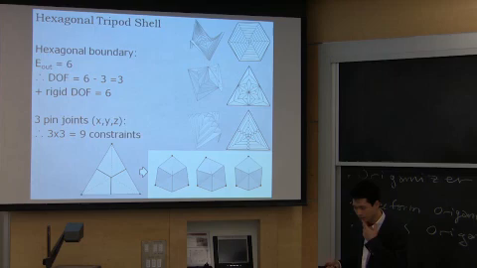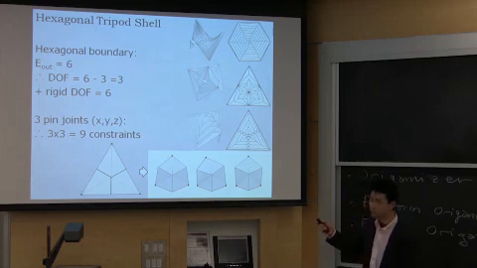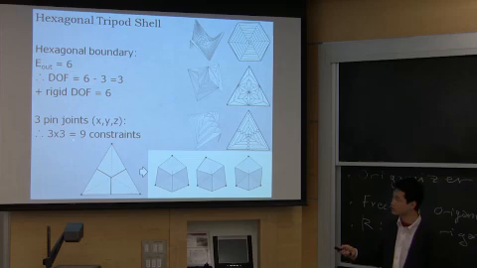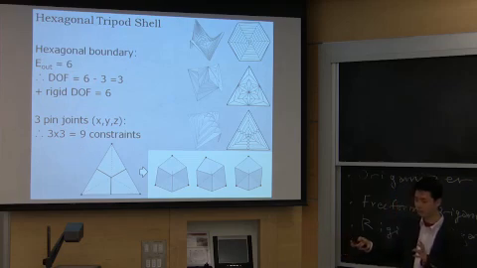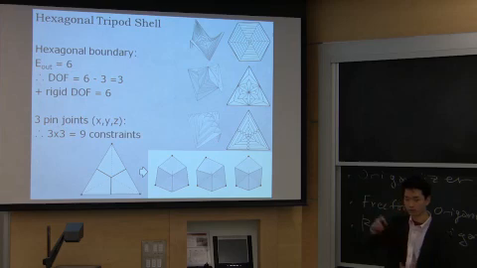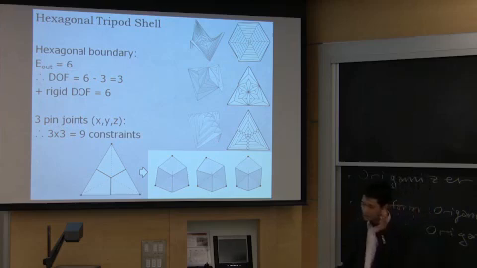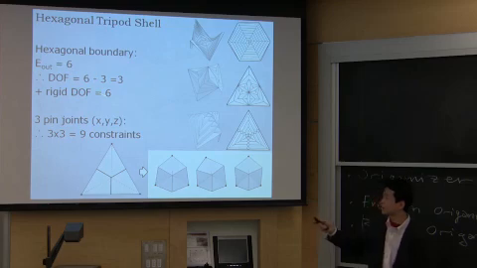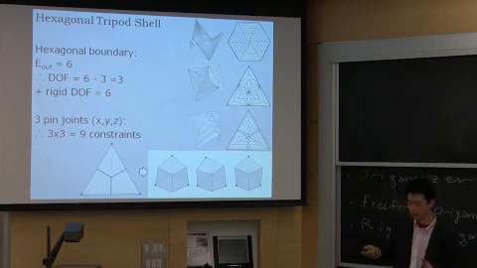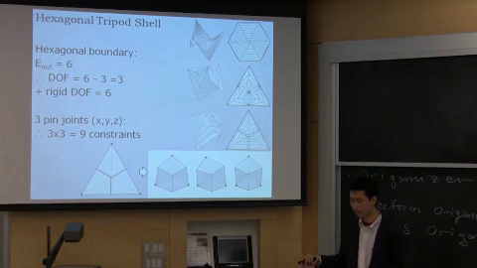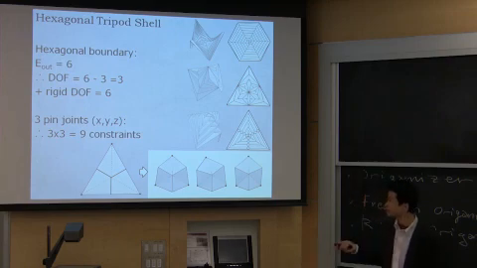And then we pin joint 3 of the vertices, which gives 9 constraints. And because of the rigid body degree of freedom, which is 6, we have 9 degrees of freedom of transformation, and then that is constrained by 9, so it produces a static structure.